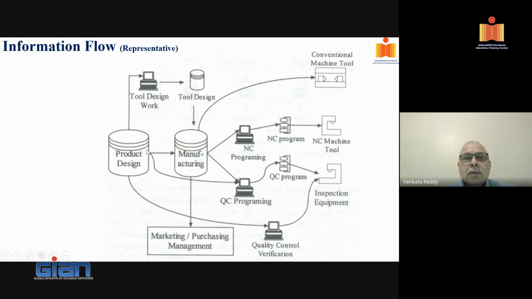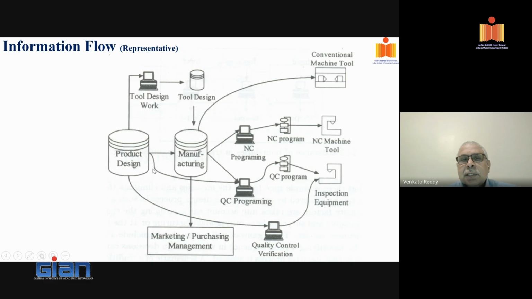Whatever you design, before going to the manufacturing process, you may have to design the tools and make those tools, and only then can you go for manufacturing. You may be going for NC machining and an NC program, but that component must be checked whether it is produced to the right dimensions, right properties, and surface properties necessary.